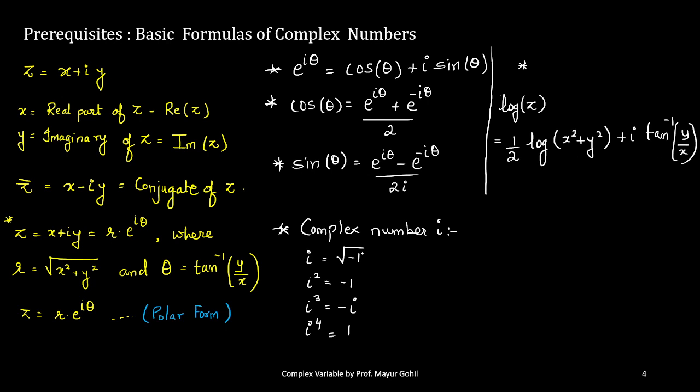Now this is the formula that is important, and it is going to be seen very often in complex variable, because of this portion, and this portion will be very frequent there. So these are very important formulas that would be needed. Now this is all that we would need from complex numbers.